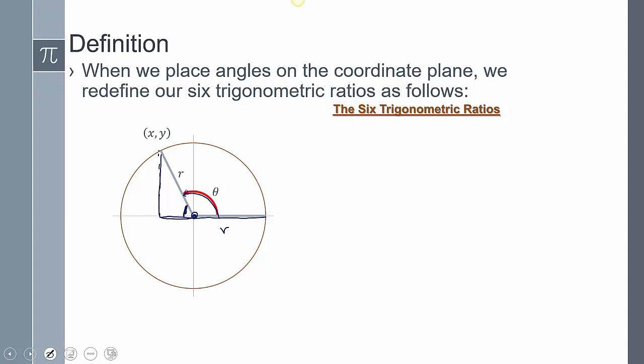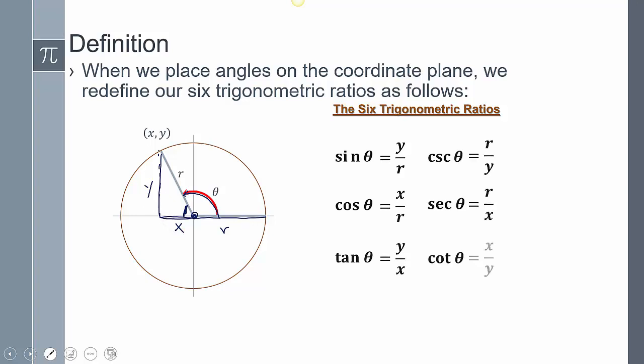Essentially, this is the x value, this is my y value, and then we have our r. I can once again say that the sine of whatever angle is opposite to the hypotenuse, and cosine is adjacent to the hypotenuse. Tangent is opposite over adjacent. And then I have my reciprocals.